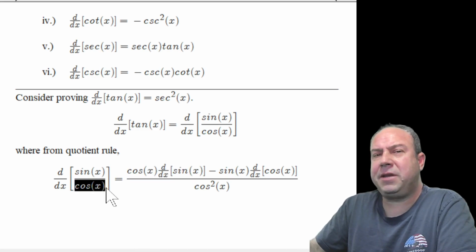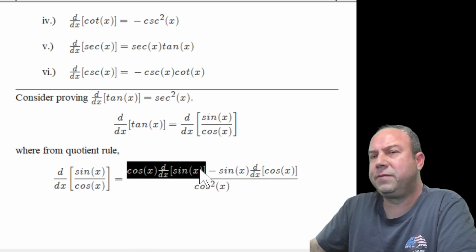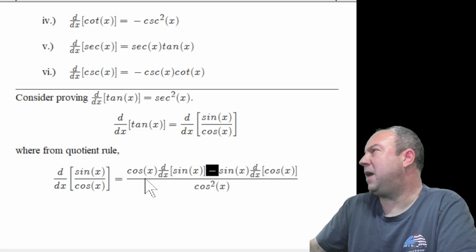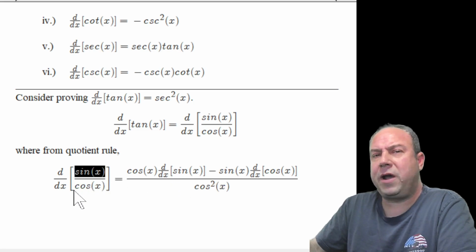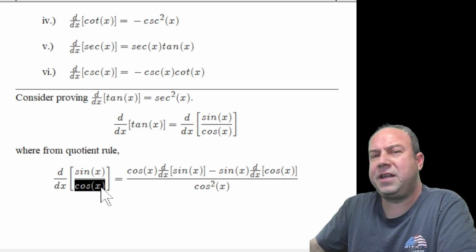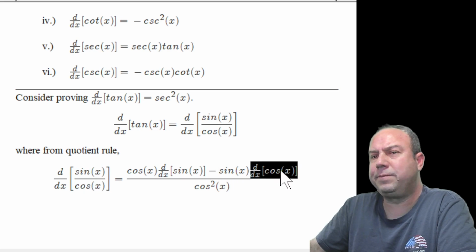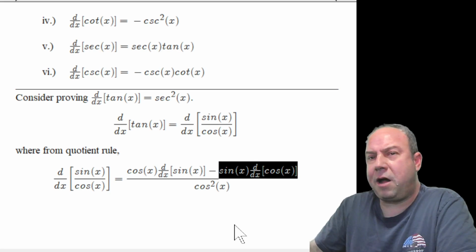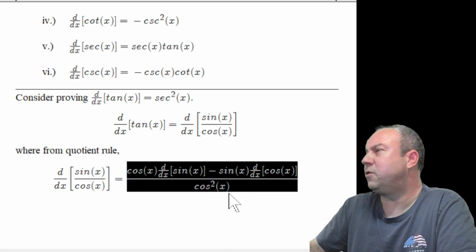It's our denominator times the derivative of the numerator for this first term, minus our numerator times the derivative of the denominator for our second term, which is what we see right here. And all of that is placed over the cosine squared of x.